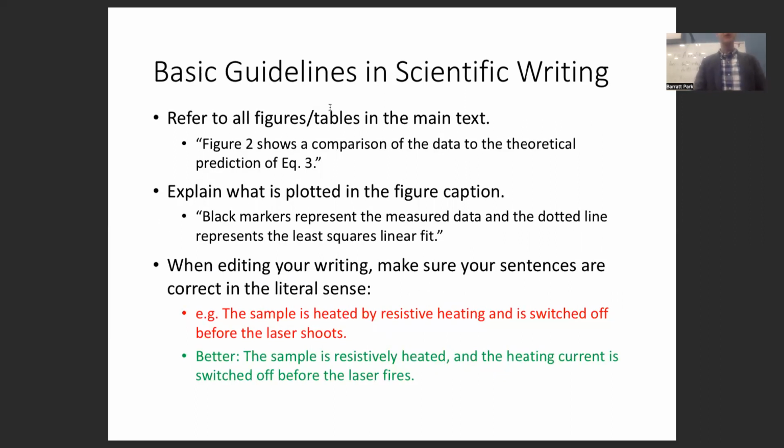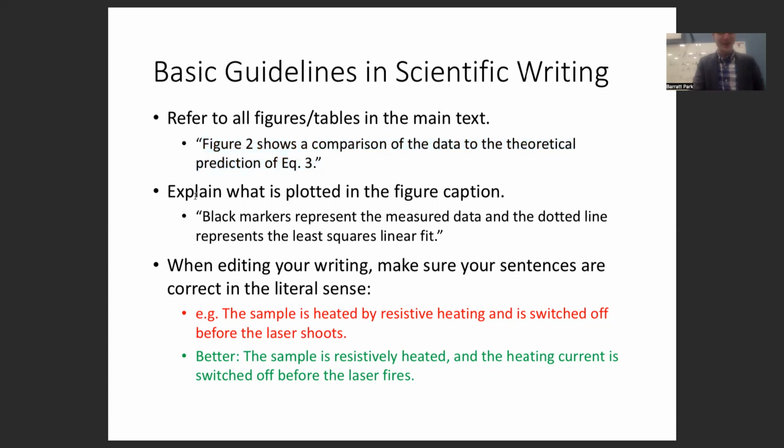Anytime you include a figure or a table in your document, you need to refer to it in the main text. You shouldn't just include a figure that the reader has no idea about based on reading the text. So anytime you include a figure, you need to include a sentence in the main text saying something like, figure 2 shows a comparison of the data to the theoretical prediction of equation 3.